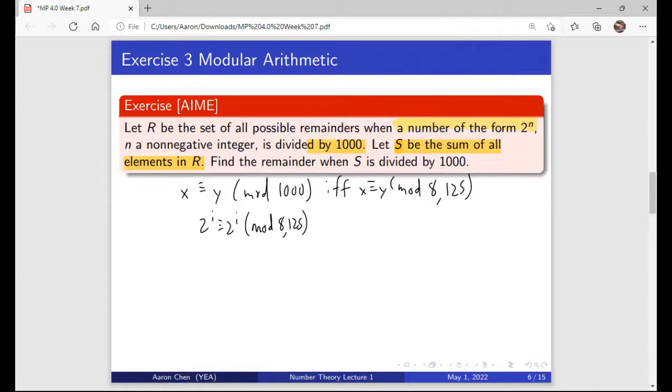But we also need i and j to be greater than 2, because the remainders of 1, 2, and 4 will not be repeated mod 8 afterwards, because everything for i and j past 3 is definitely 0 mod 8. So now we just need to focus on 2^i being congruent to 2^j mod 125.